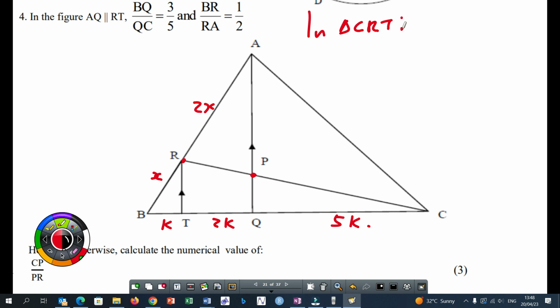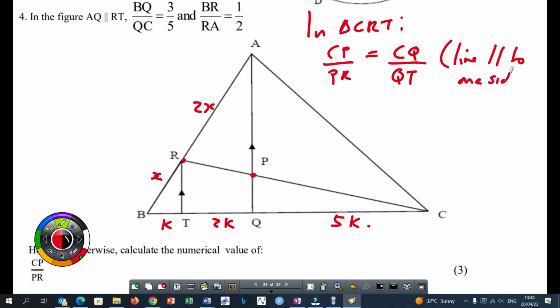So I can write it as CP over PR equal to CQ over QT. And I have to give my reason here: line parallel to one side of triangle. So CP over PR is going to be equal to CQ, which is 5K, over TQ, which is 2K. So the final answer will be 5 over 2. Are you all following that? Yes. Right?